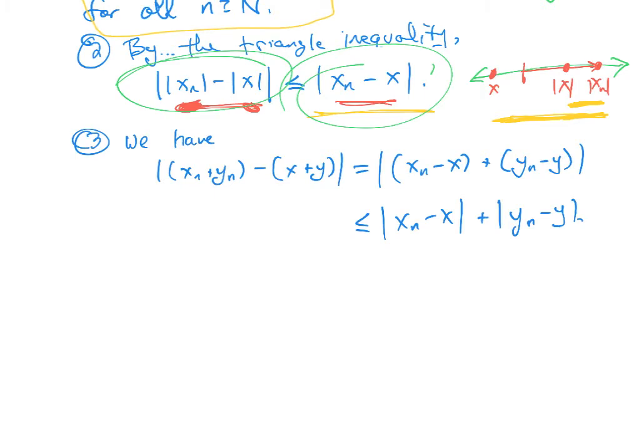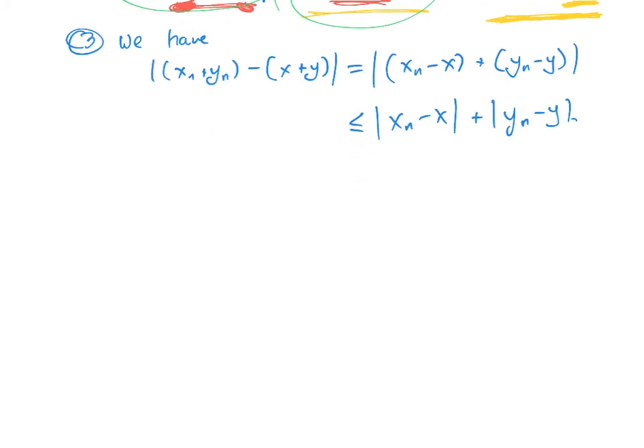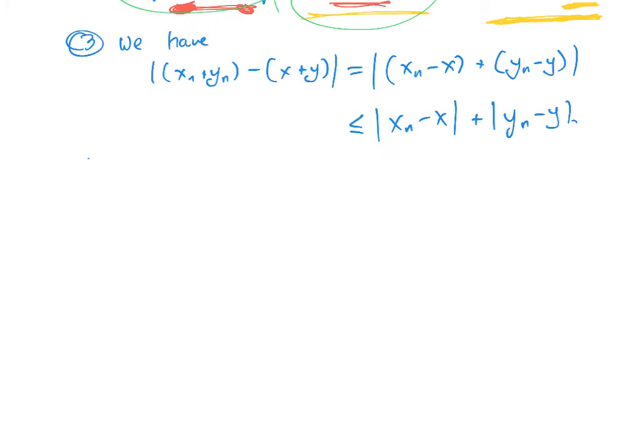I said we're going to brush over this proof, but let me spend a couple more minutes. Let epsilon greater than 0 be given. Now, we're going to get a capital N from the xn's and a capital N from the yn's.